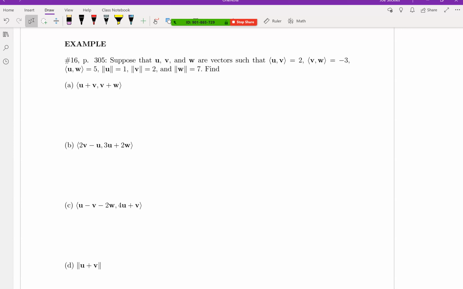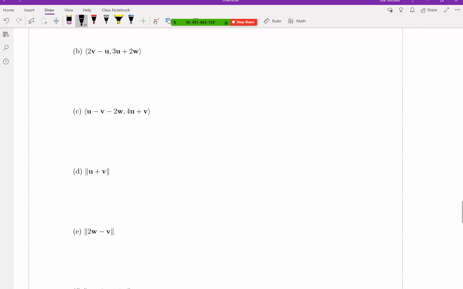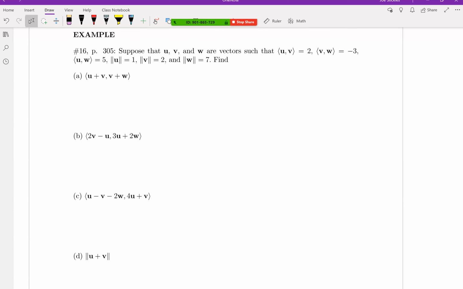This is actually number 16 out of your text on page 305. They give you the way that the dot product works for 3 vectors and then the magnitudes of 3 of them, and it asks you to find these 6 things. Okay, there's lots of things for us to do.